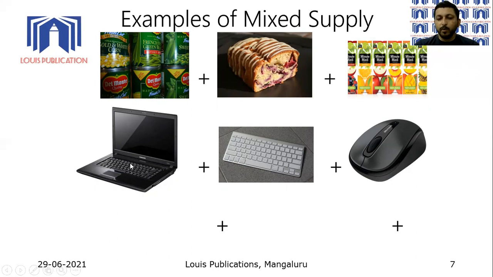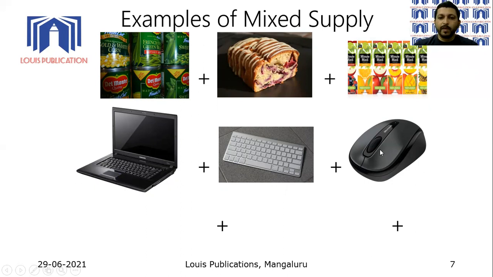Here you can find the keyboard. Sometimes the mouse may be given as a complimentary, but it is usually not given. It is charged separately. But you have one single bill where the laptop, the keyboard, and the mouse are given.